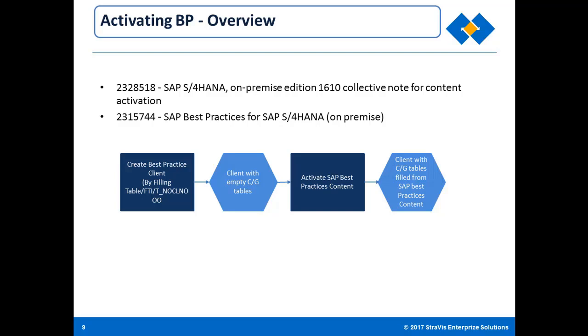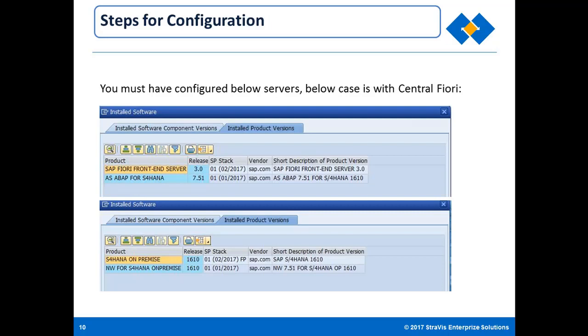So once those are done, the configuration tables filled from the SAP best practice content would be available after those are activated. So you would be activating the solution in the transaction /SMB/BBI. That's the overview of activating the best practice.